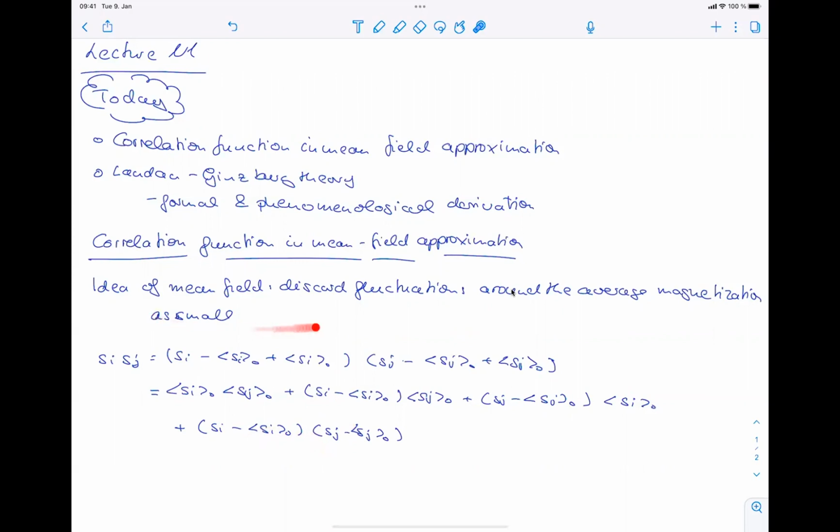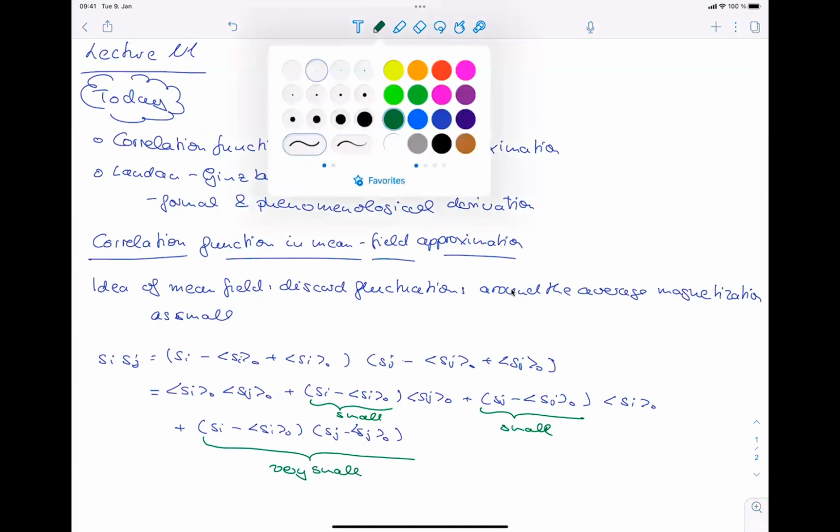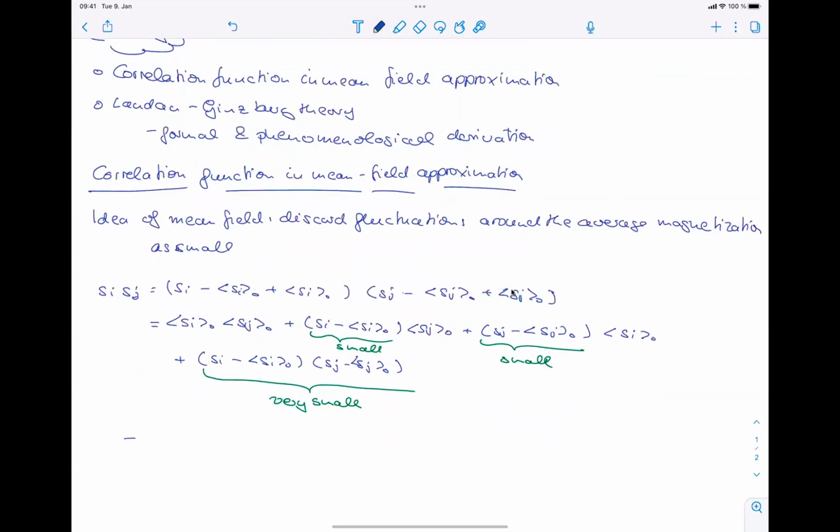And if I follow the mean field ansatz, I would say these fluctuations are small, and even to second order that is very small. So that means that if I now take the average of S_i S_j, this is just the product of the averages. And so there are no correlations.